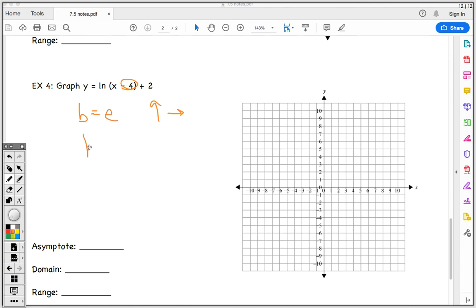Our h, remember it's the opposite of, so our h is equal to 4, and we don't care about the k, although the k is 2. The asymptote is where x is equal to 4.